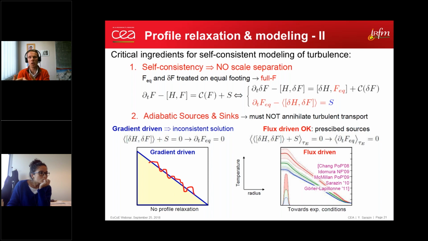From the fluctuations, I can compute a flux, and this is the outcome of the simulation. But in this kind of approach, you do not take into account the back reaction of the turbulent flux on the equilibrium. The equilibrium profile is frozen, is prescribed, and you just have as an outcome the magnitude of the turbulent flux. Okay? I hope it's more clear.